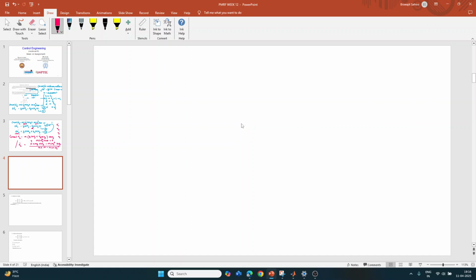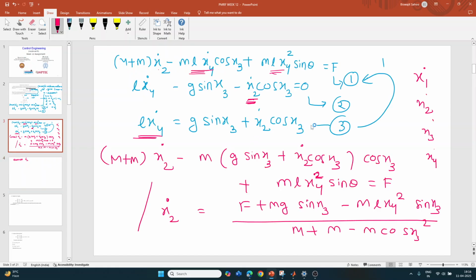Okay, so what you need to eliminate now is x2 dot. If you need to eliminate x2 dot, then you have to express x2 dot from equation number 2. Equation number 2, x2 dot you find out.